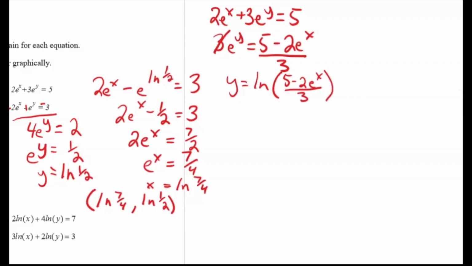So there it is, solve for y, and then it wants us to find the domain. Well, the domain, remember, you cannot take the logs of any negative numbers or 0, so this on the inside has to be positive. So that would be 5 minus 2 e to the x over 3 has to be positive. And so if you try multiplying by 3 to get rid of it, it'll just zero out. So we can just simply bring the 2 e to the x over.